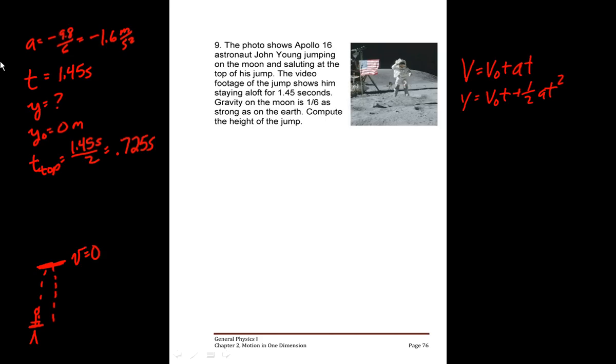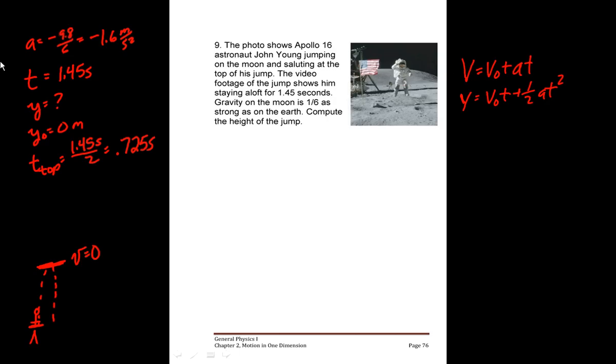Well, what am I looking for? I'm looking for the height of the jump, so I'm looking for Y here. But I don't know what V naught is, and I don't know what Y is. So I have two unknowns in that equation, V naught and Y.